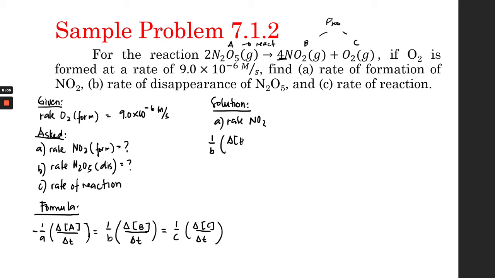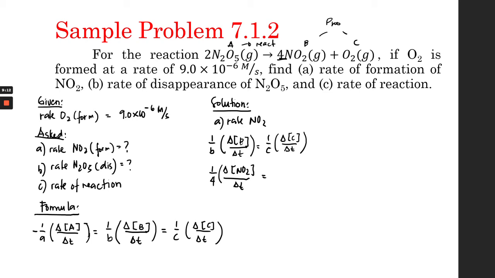Let's just write it first. Then let's look at the equation. We know the coefficient of B is 4 moles, so that would give us 1 over 4 multiplied by the change in the concentration of NO2 divided by delta time. And for C, we have 1, so that leaves us 1 over 1, that's 1.